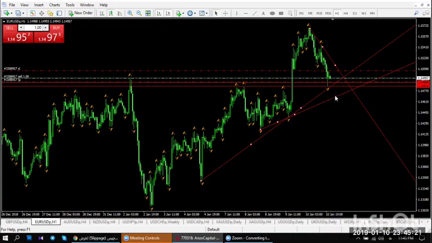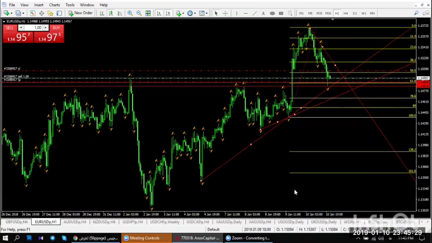So this is a very powerful pivot, as you know. So you shouldn't expect it to reach this line again. You see, based on Fibonacci, it hasn't reached the 61 level. And in hourly time frame, you have two candlesticks above the 61 level.